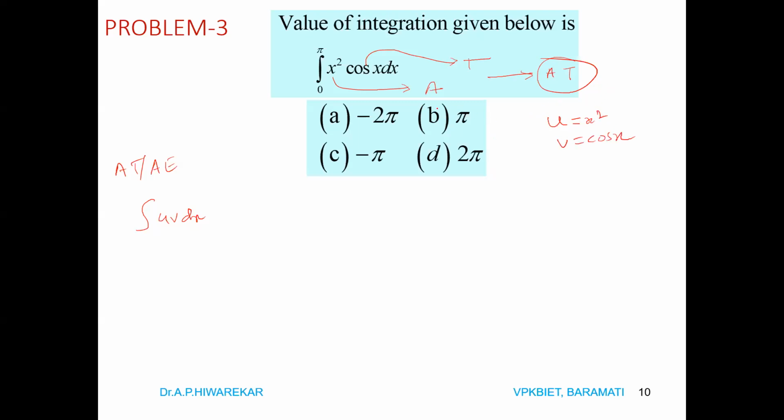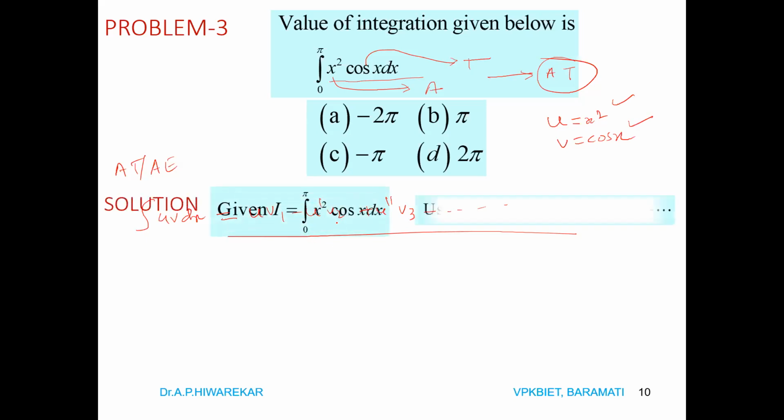So we can integrate this term very easily just by applying this formula: uv1 minus u dash v2 plus u double dash v3 and so on. So within one line we can calculate. To integrate x square cos x, take u as x square, v as cos x.